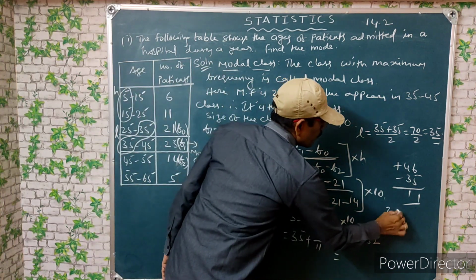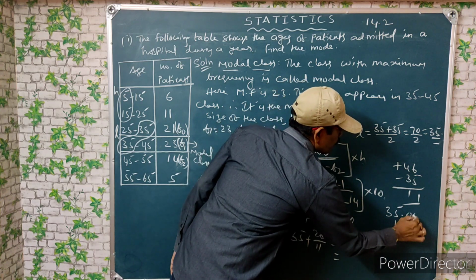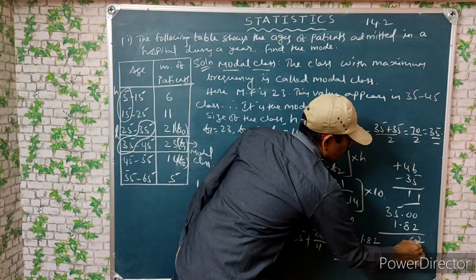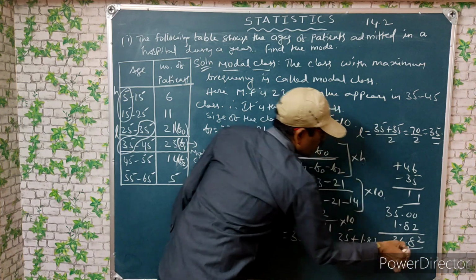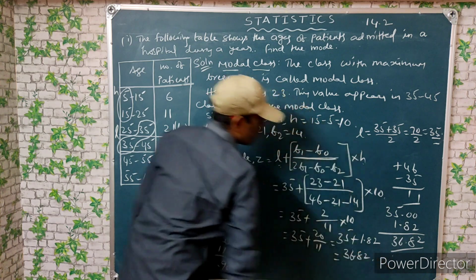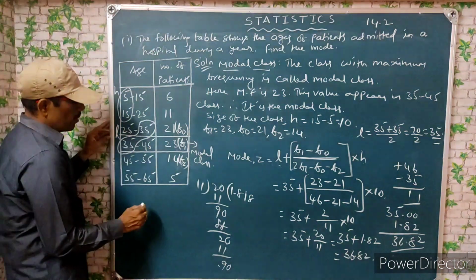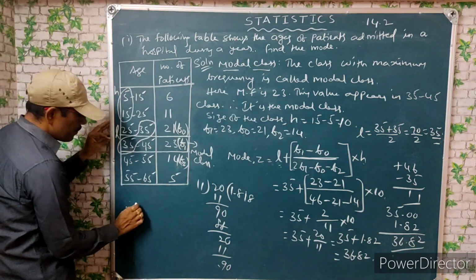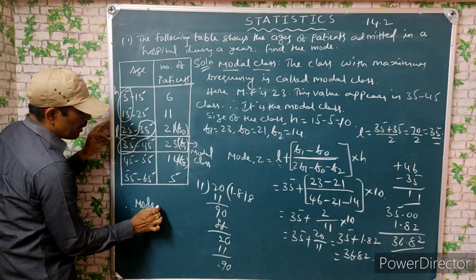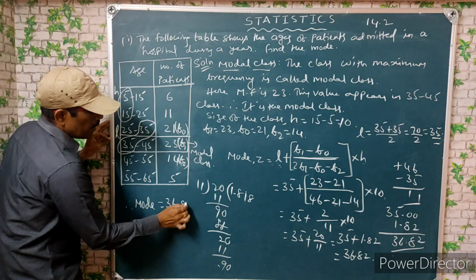Add these two: 35 plus 1.8 is 36.8. Therefore, the mode of the data is equal to 36.8.